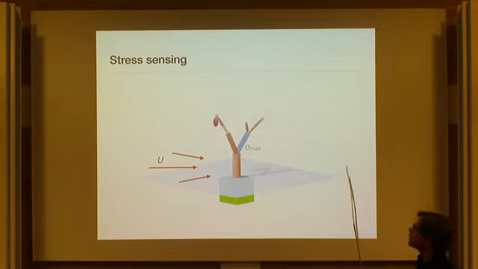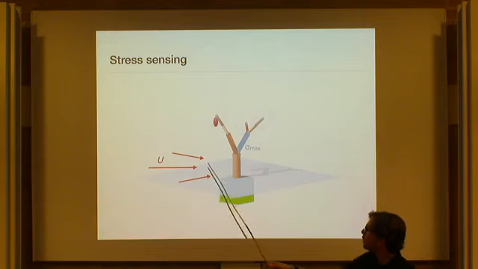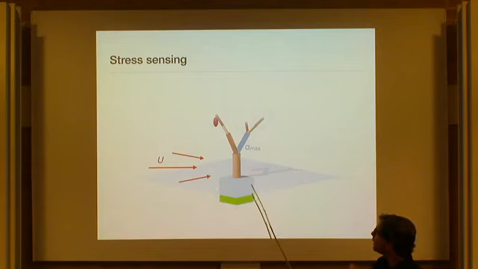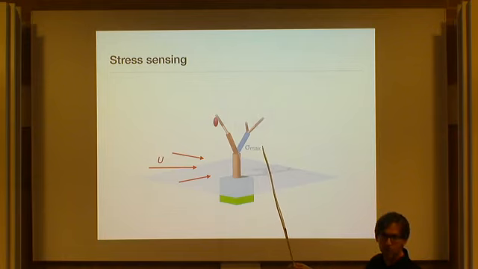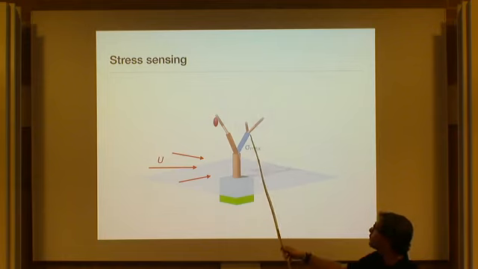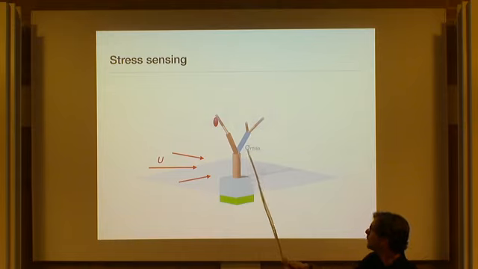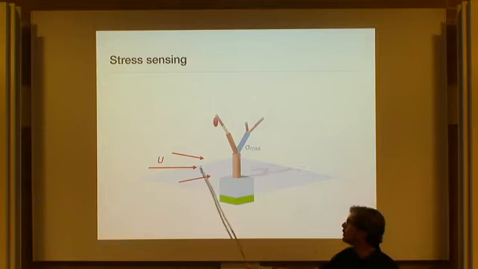In this structure, I can calculate for a given wind, in the linear approximation, through simple beam theory, the level of bending stress in the structure. I'm assuming that every branch feels this stress when the wind is, let's say, average.